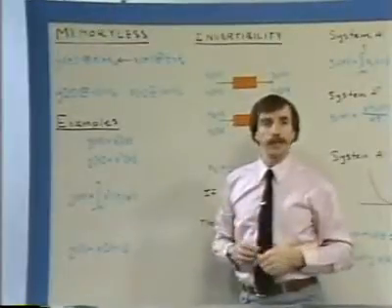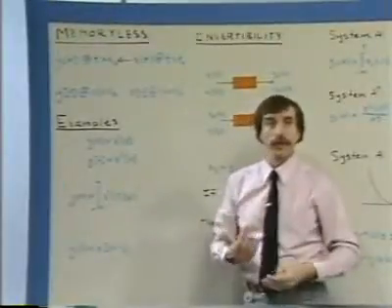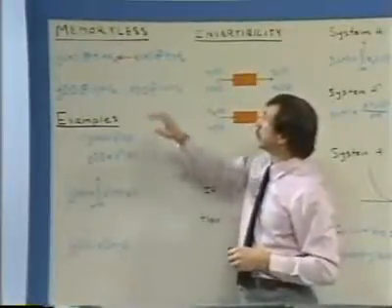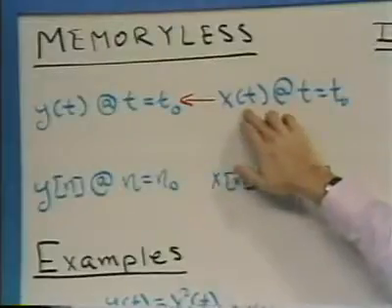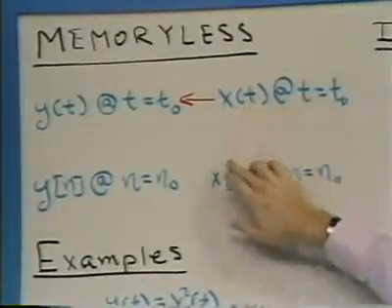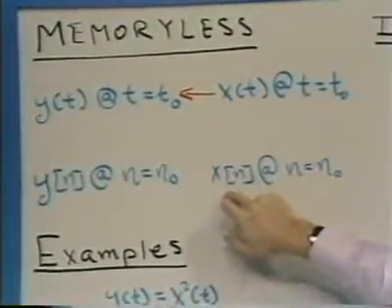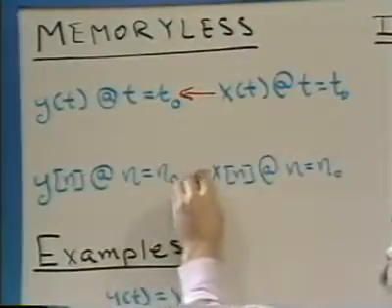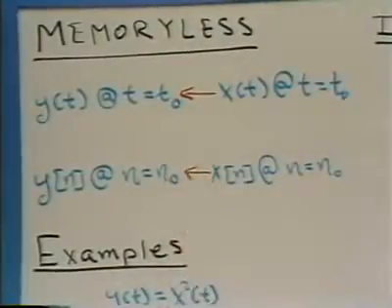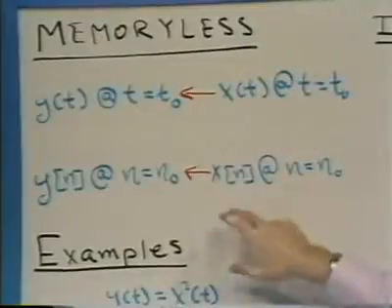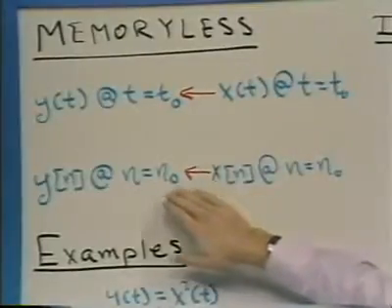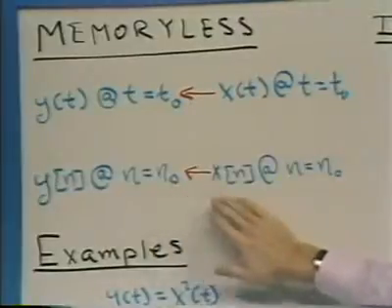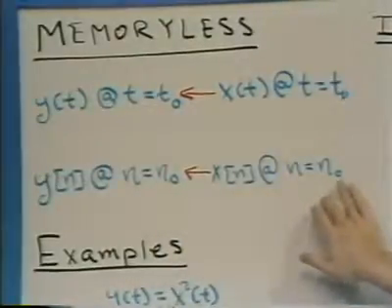And that statement is true, or that definition applies, both for continuous time, as I've indicated it here, and also for discrete time, as I've indicated here. And so we have a similar definition in discrete time, that the system is memoryless if the output at any given time depends only on the input at that time.